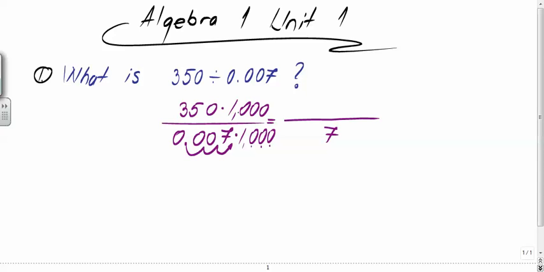And to multiply a whole number by 1000 or by any multiple of 10, all you need to do is write that number, in this case 350, and just add how many zeros your multiple of 10 has. In this case, 3 zeros. And here you go. The top will become 350,000.